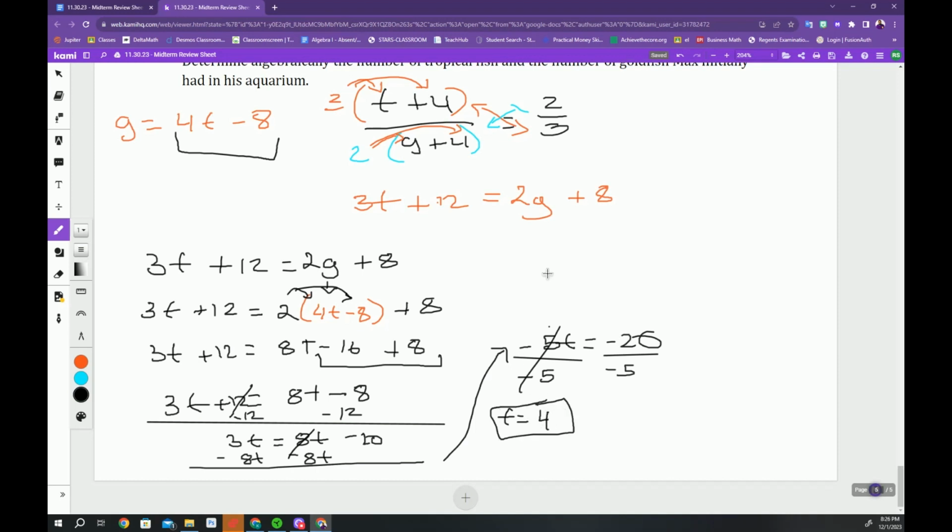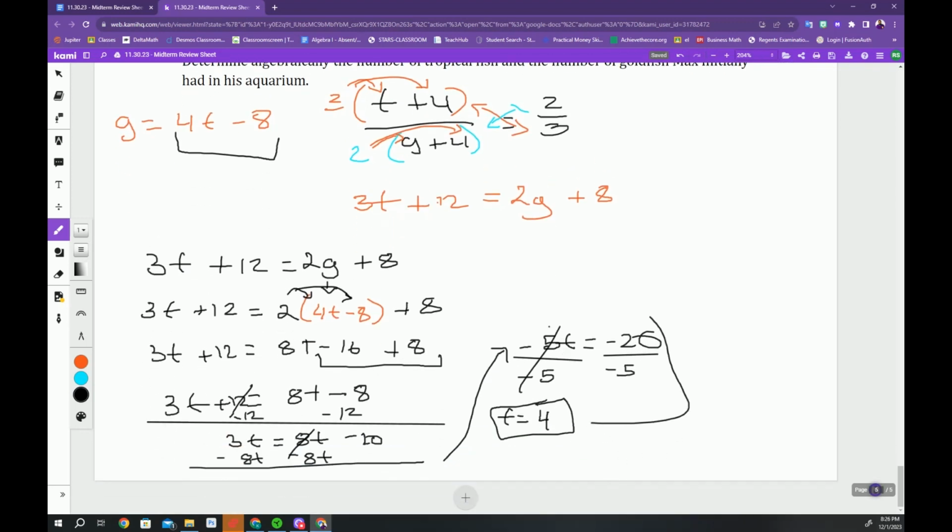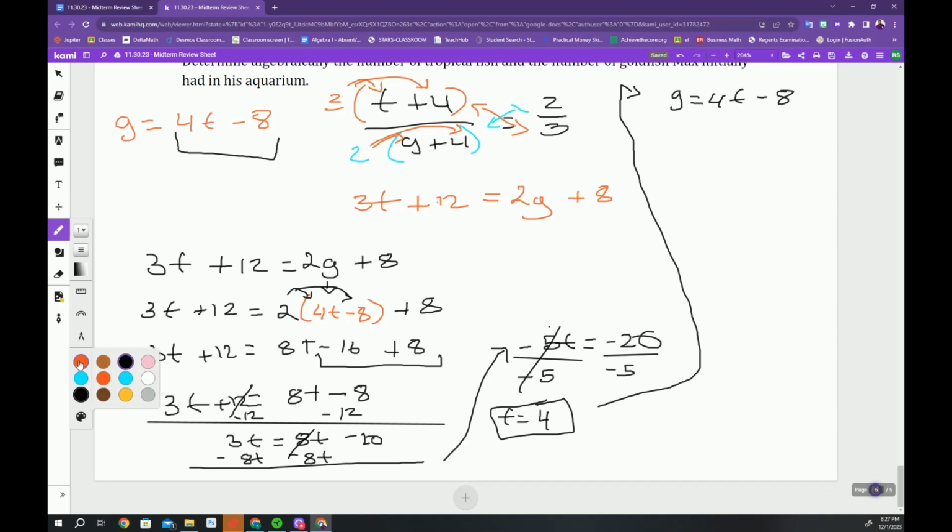This is one of our values. To find the second value, you go all the way up, and we're going to substitute this value into one of the original equations. I think G equals 4T minus 8 is going to be easier to work with, so we'll use this equation. G equals 4T minus 8. Wherever we see T, we're going to plug in a positive 4.